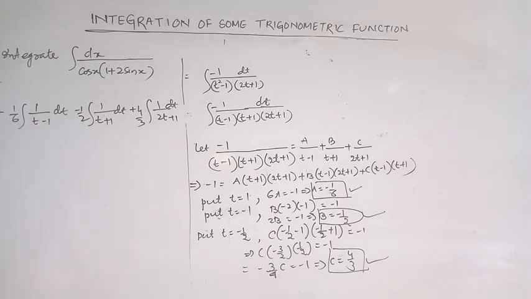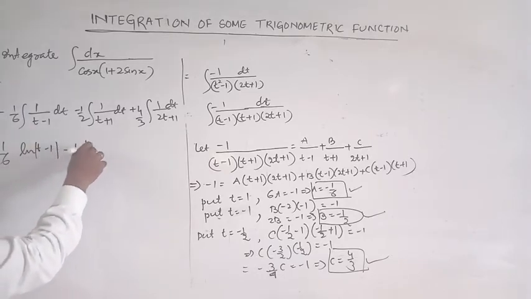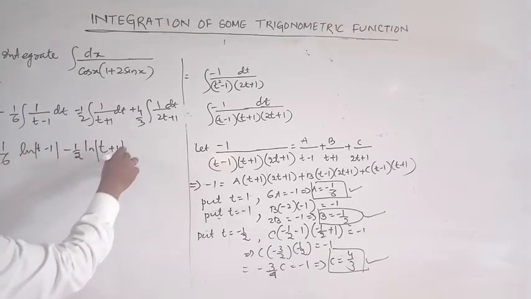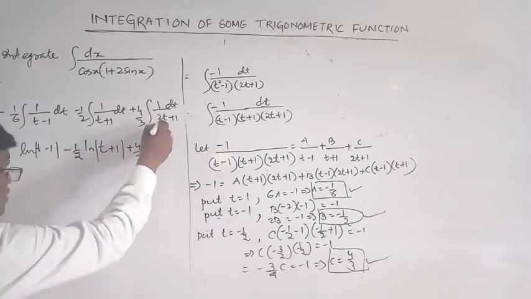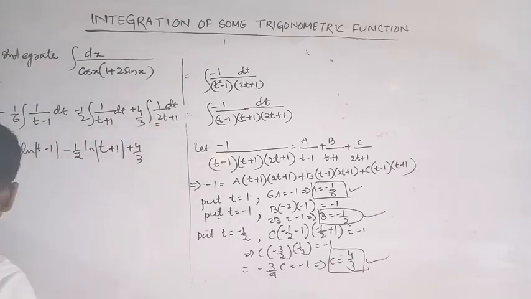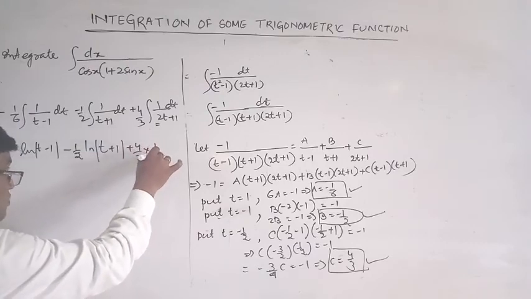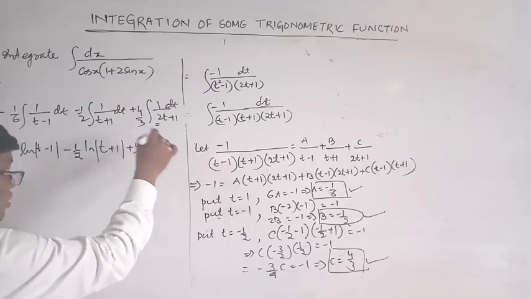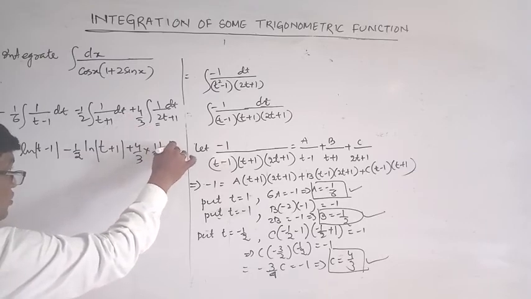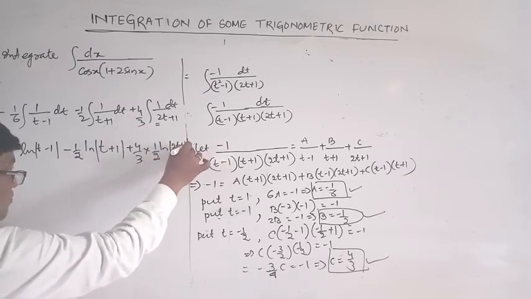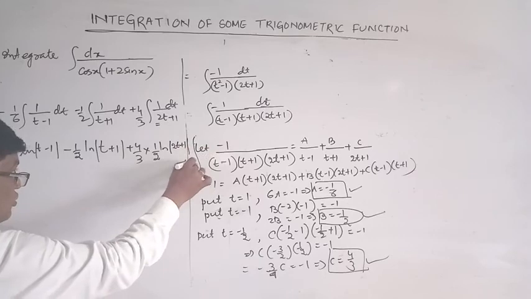So direct log formula: minus 1 by 6 log of t minus 1, minus 1 by 2 log of t plus 1, and 4 by 3. This is t coefficient 2. So using the formula, first 1 by the t coefficient, that is 1 by 2 log of 2t plus 1 plus c.